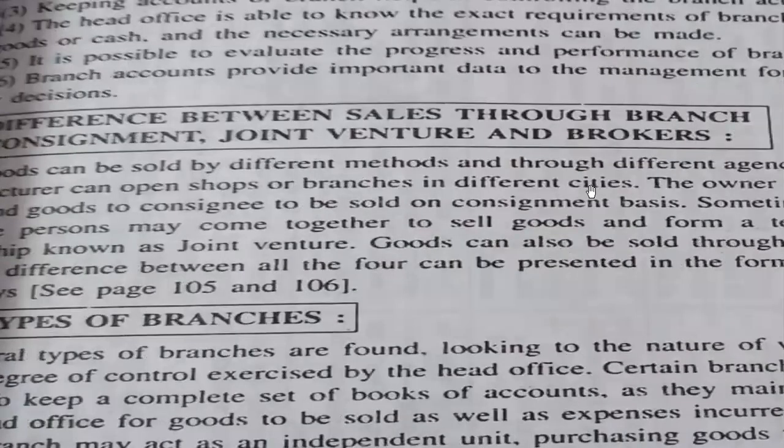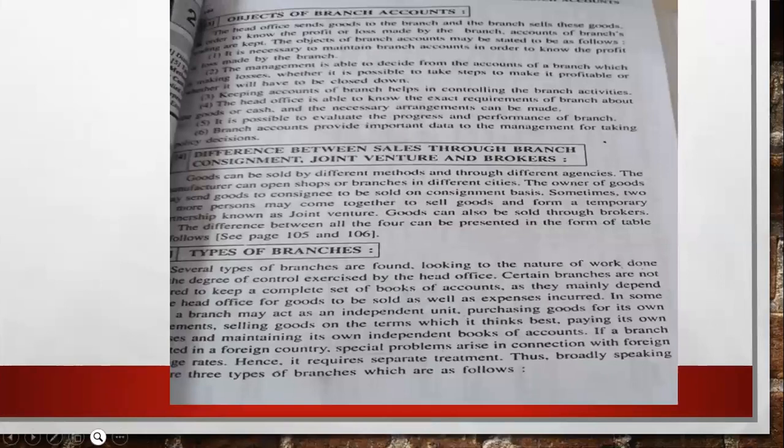So now we will see the difference between sales through branch account, branch, consignment, joint venture, and brokers. So let's see the difference.